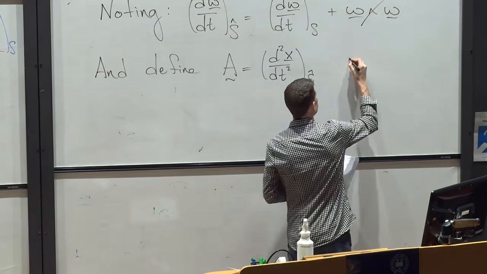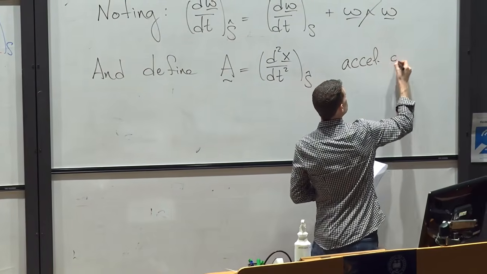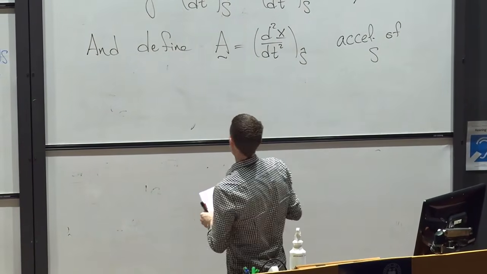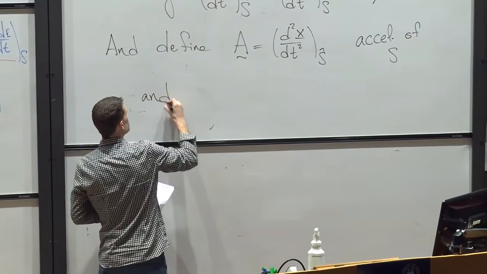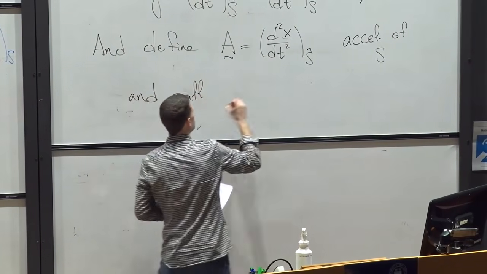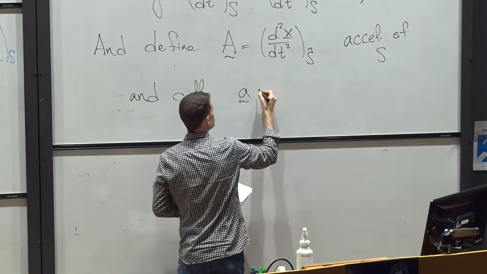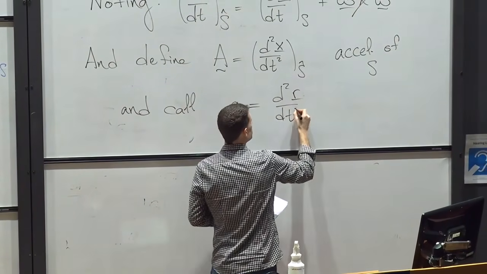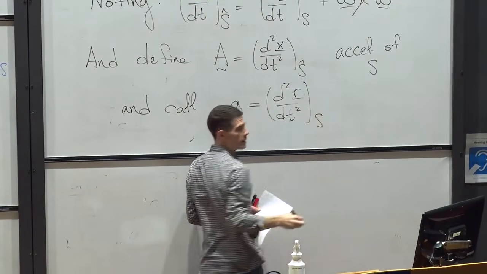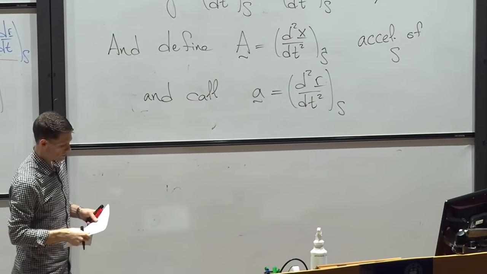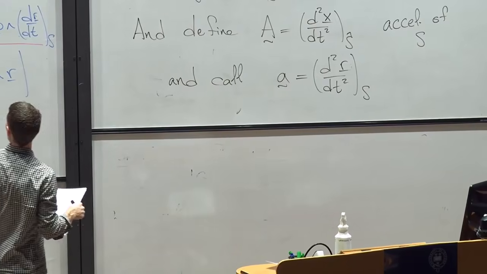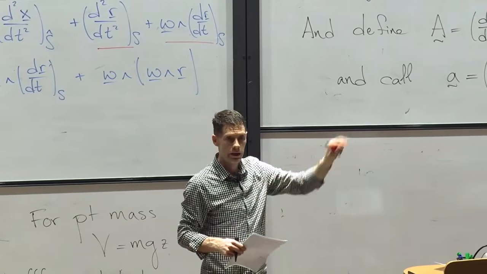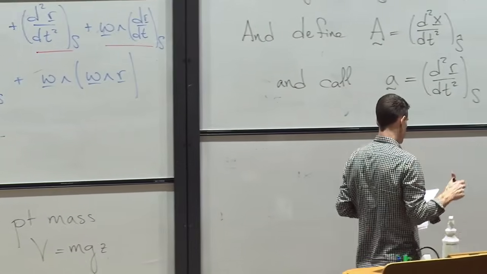So that's the acceleration of the S. And let's call little a the d squared r dt squared measured in the S. So this term here, this is what the person on the train measures as the acceleration.